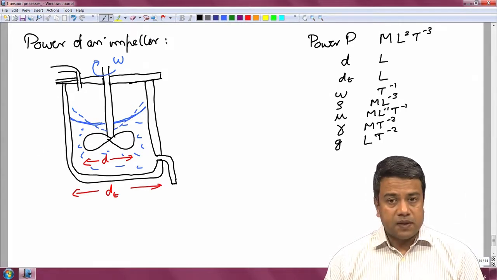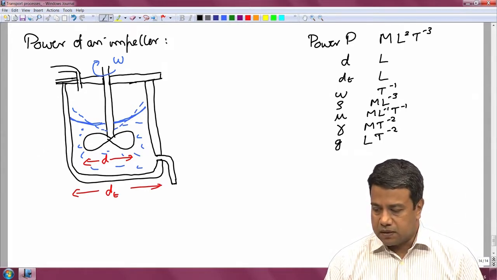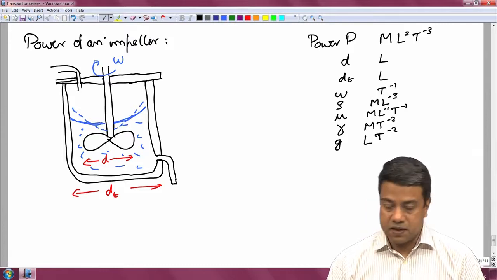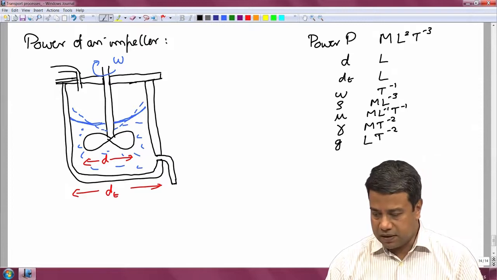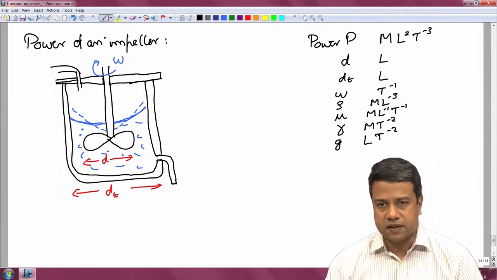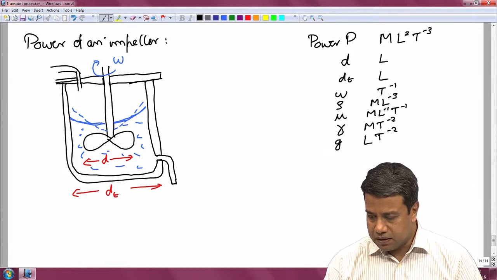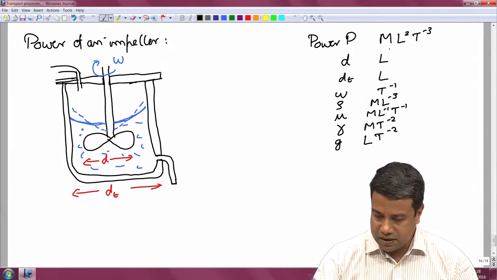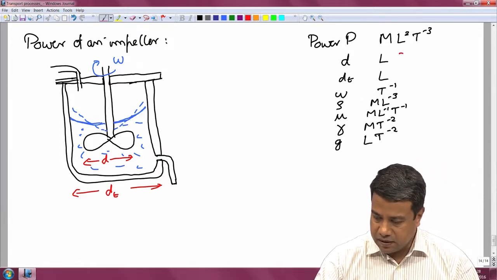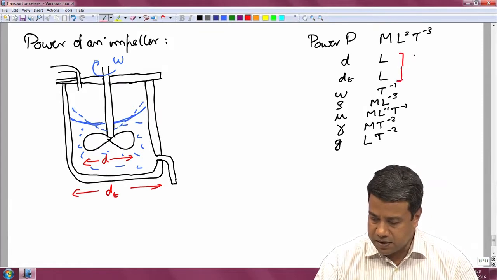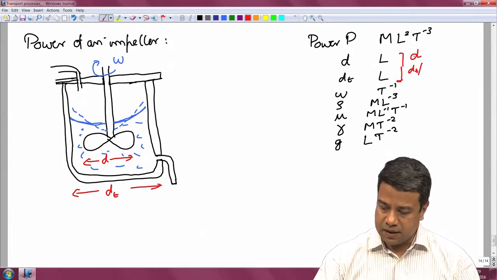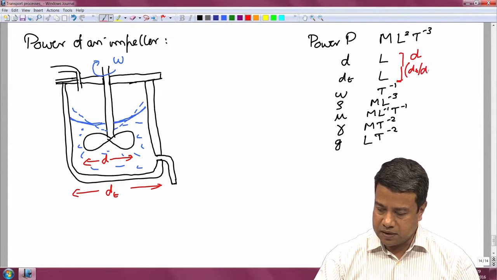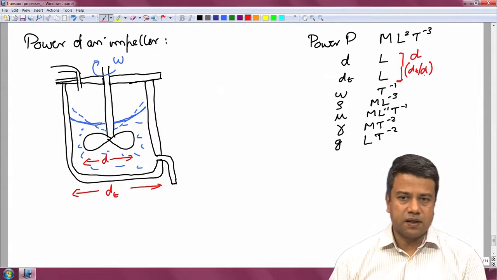So, now these are the different parameters that are of importance. The power, the dimensions, the angular velocity, the density, the viscosity, the gravitational acceleration and the surface tension. So, of course, these I can sort of combine. I can just consider one dimension, the diameter of the impeller, and write a dimensionless group as the tank dimension divided by the impeller diameter.